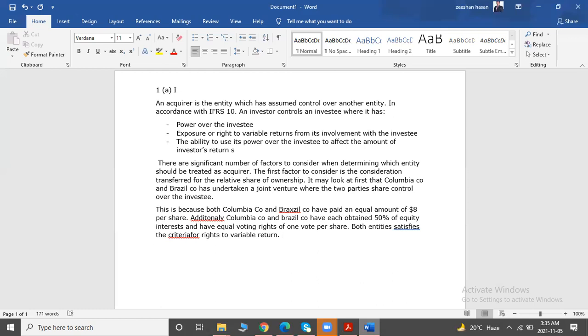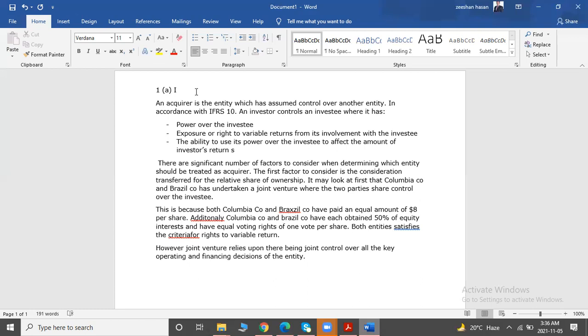However, a joint venture relies upon there being joint control over all the key operating and financing decisions of the entity.